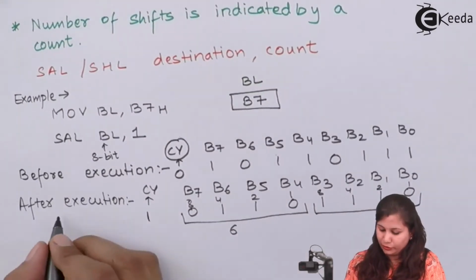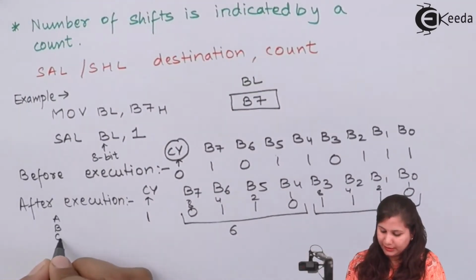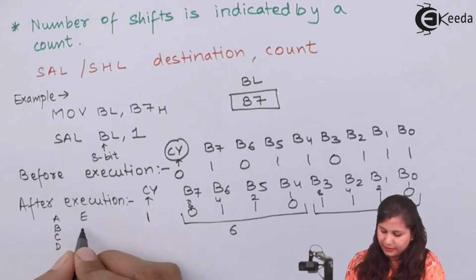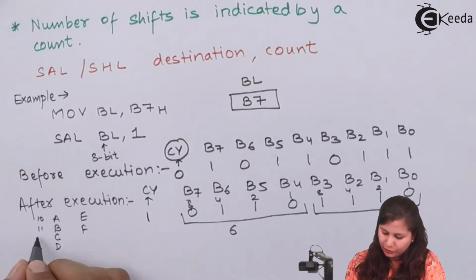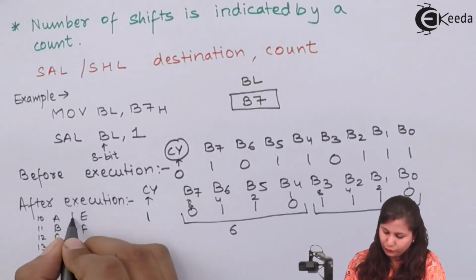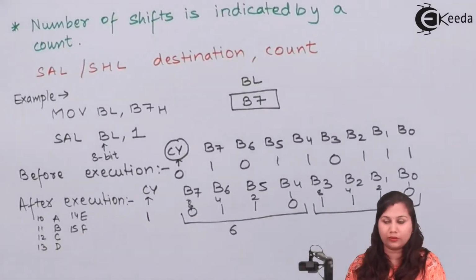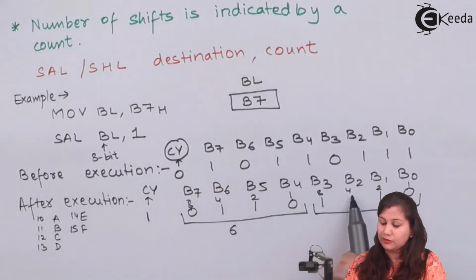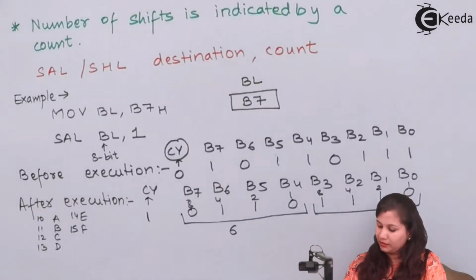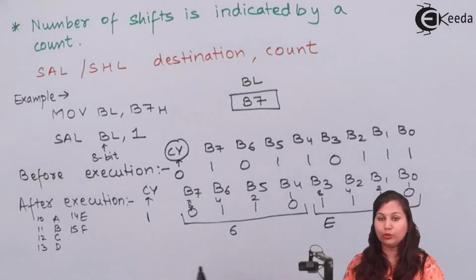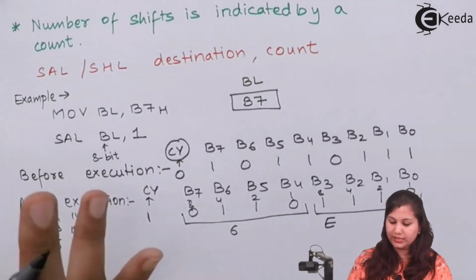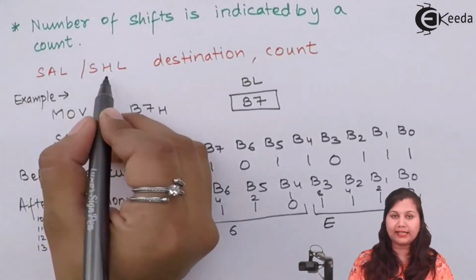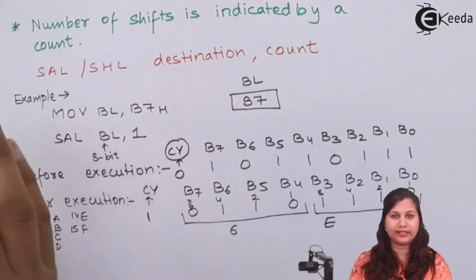So if we see the notation A, B, C, D, E, F: A is for 10, 11, 12, 13, 14, then 15. So here we are having 8 plus 4, 12, 13, 14. So 14 we have E. So the new contents are 6E. So this is how the instruction SAL and SHL work.